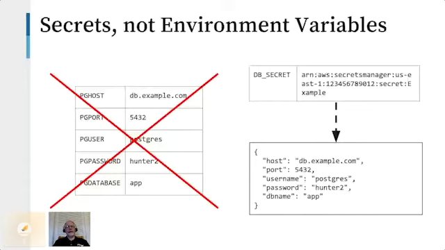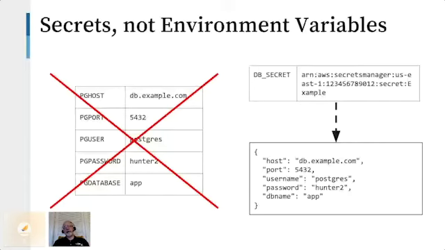You have one jar that you can deploy to dev, QA, prod, and what they talk to, such as a database, is configured just with environment variables. But as you saw earlier, environment variables can be exfiltrated. Environment variables are a little bit too public for what you should be doing in a production environment.